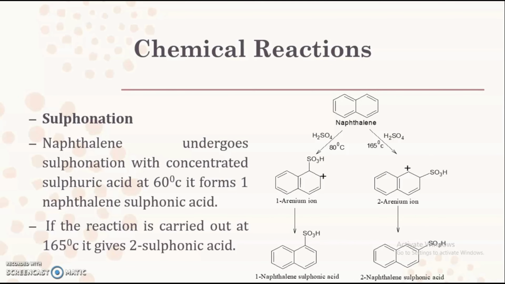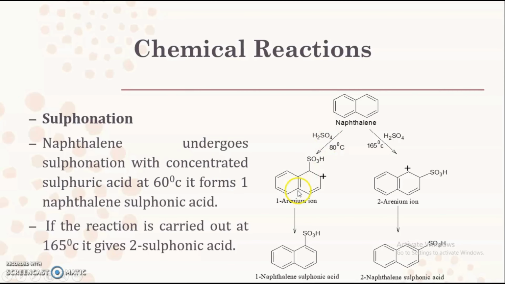In this way, depending upon the reaction conditions, the product that is formed might change. So this is the example of the reaction of naphthalene with sulfuric acid. Sorry, here you have to make a correction: this particular reaction is carried out at 60 degrees Celsius.